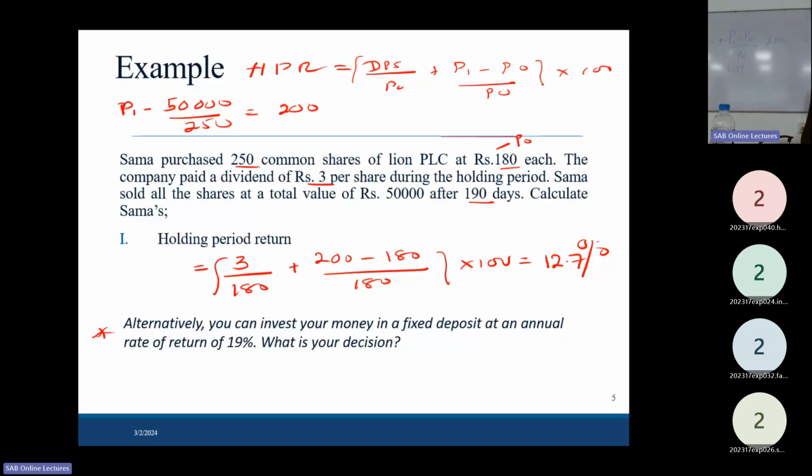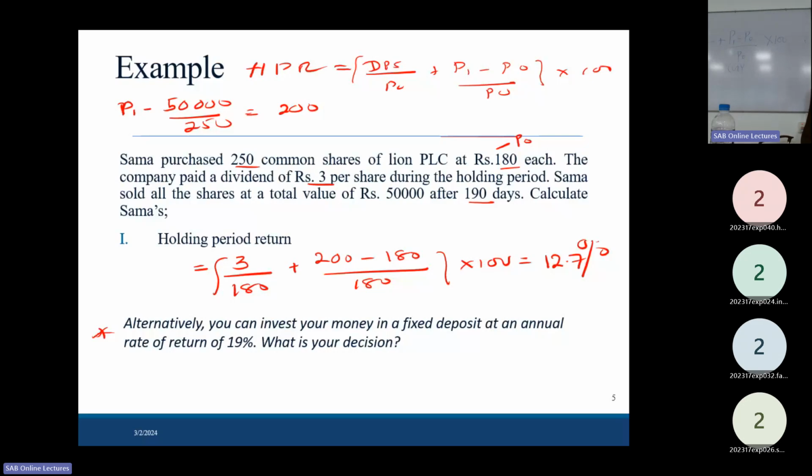Now here, the fixed deposit alternative is 19% per annum. But here, the Lion PLC investment is for 190 days. These are in two different formats. This is per annum, for 365 days. This is for 190 days.